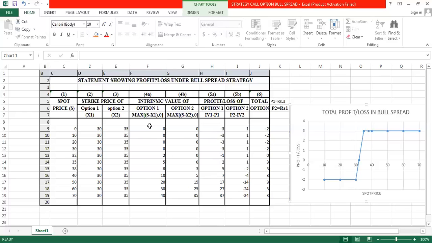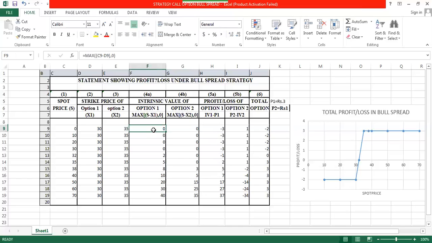We can compute these results in the Excel sheet by applying a simple ready-made formula available in Excel. Just look at the formula for row 9 and column F.